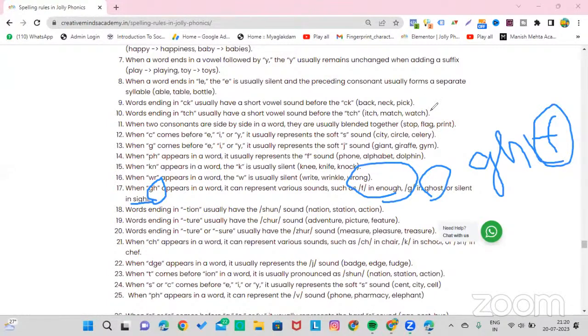Like in enough, tough, cough. So you can always say that OUGH is a tetragraph, rough. Yes. OUGH is a tetragraph, 4 letters giving one sound.